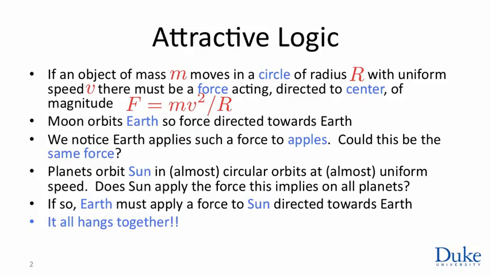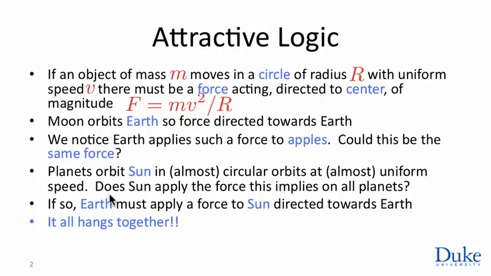Extrapolating that, let's look at another system. We know Kepler found that the planets orbit the sun in, well, almost perfectly circular orbits at almost uniform speed. Again, that means that acting on each planet is a force directed towards the center of the orbit, in other words, the sun, and we can compute that force.